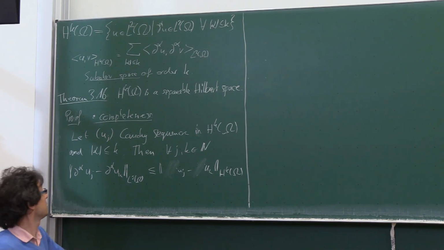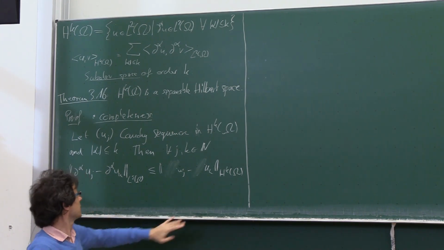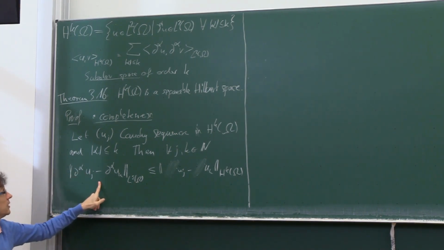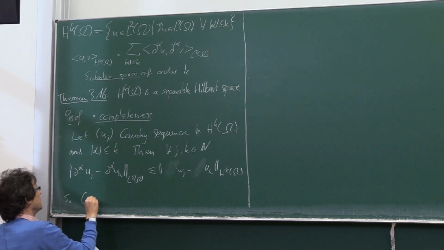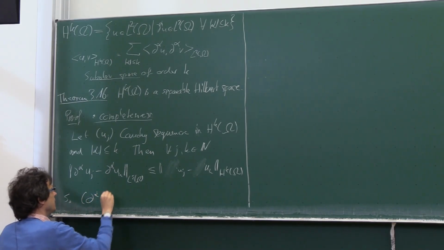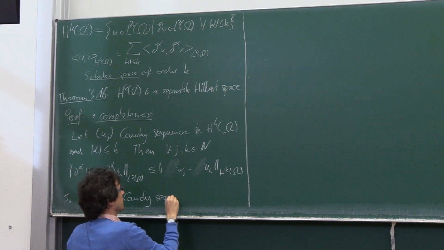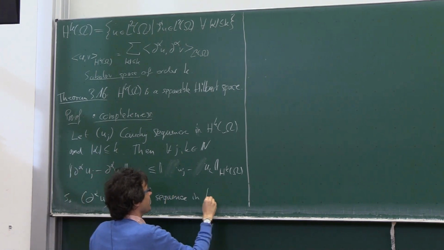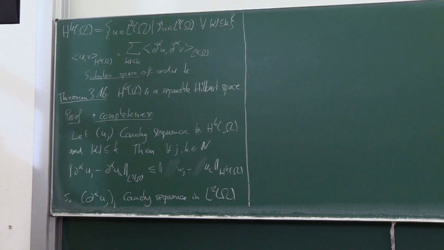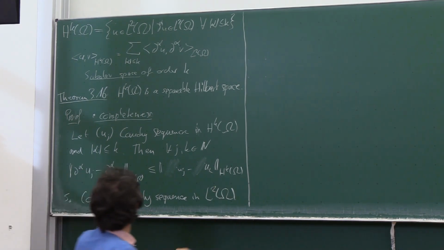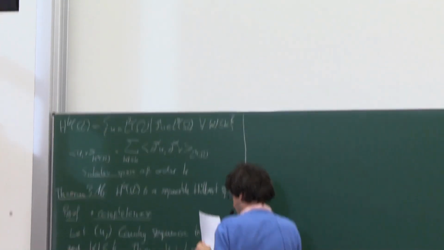And this means, as this is a Cauchy sequence in H^k, for j and k large, this gets small, so this also gets small. So the sequence D^alpha u_j is a Cauchy sequence in L2. And now we are back to something which we know to be complete. So L2 is complete.